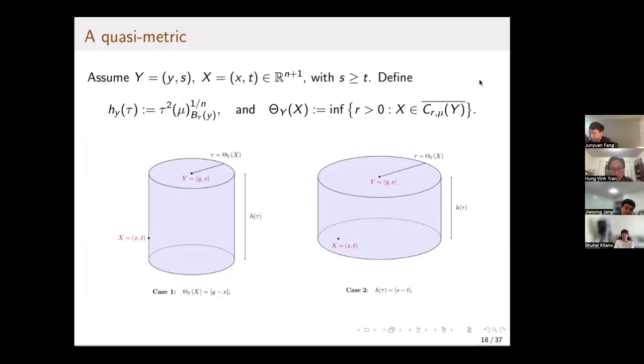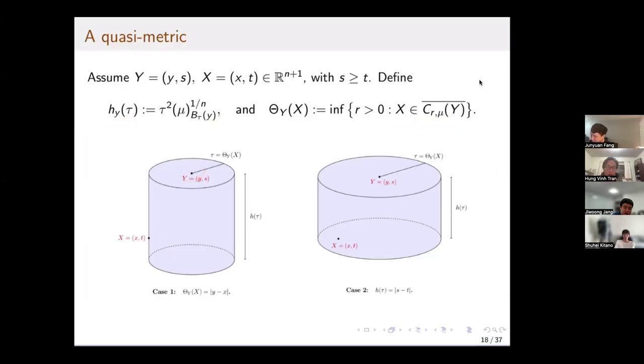The second one is the capital Theta_y(x). This is the infimum of R such that this x is in this cylinder. The idea is that this is increasing with respect to tau. So if the spatial radius is bigger, the height will be larger.